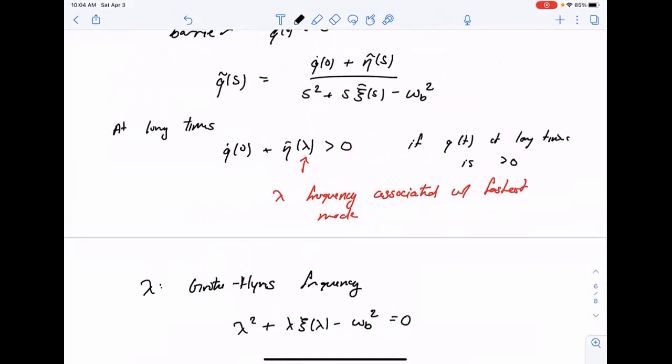It's essentially asking for the root of this Laplace transform. So that root will give me the largest growing mode and dictate the commitment dynamics of this equation.